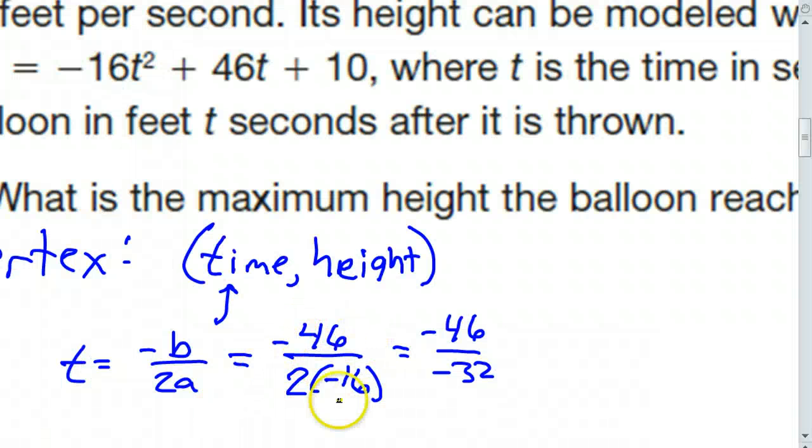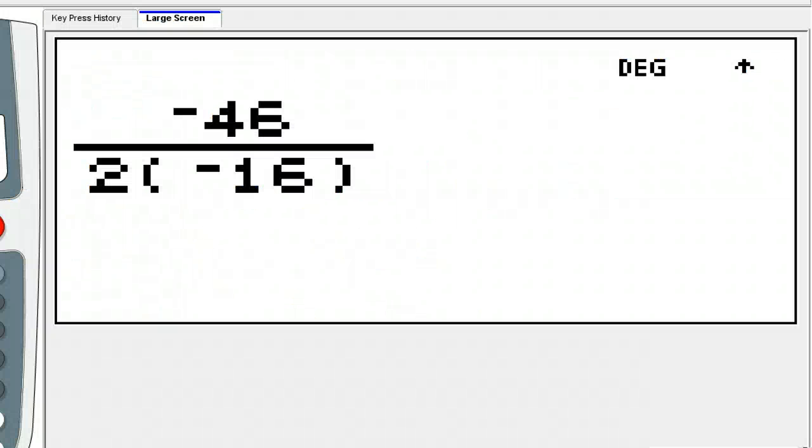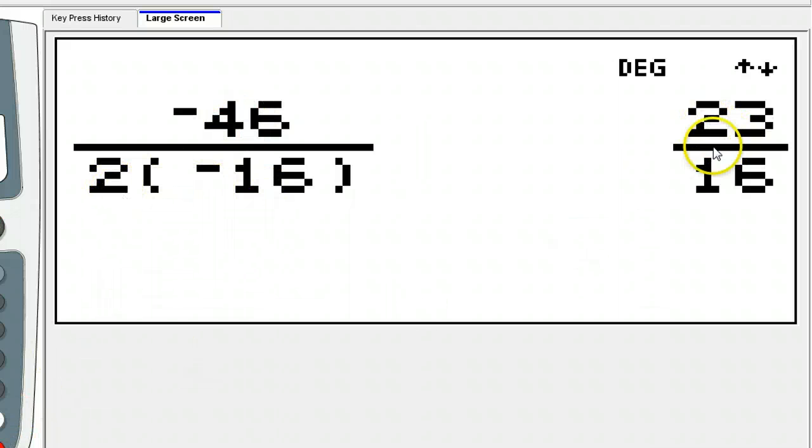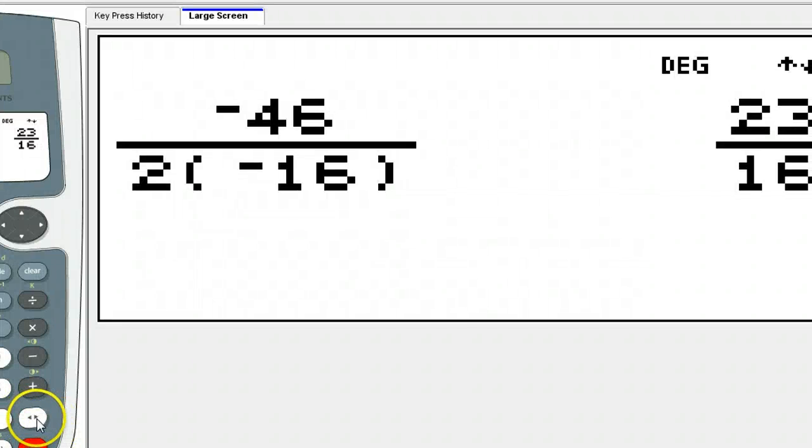Or if need be, I could put this whole expression in the calculator: negative 46 over 2 times negative 16. I'm getting 23 over 16. Let's see what that is as a decimal. If I want to turn that into a decimal, I'm going to hit this toggle key.